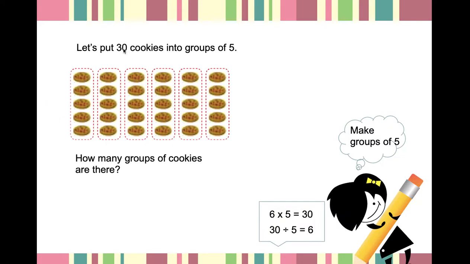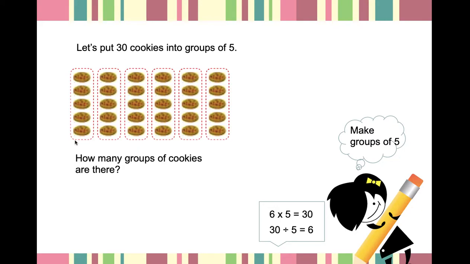When we divide these 30 cookies into groups of 5, how many groups do we form? Exactly, very good. We make 6 groups. Let's check: 1, 2, 3, 4, 5, 6.